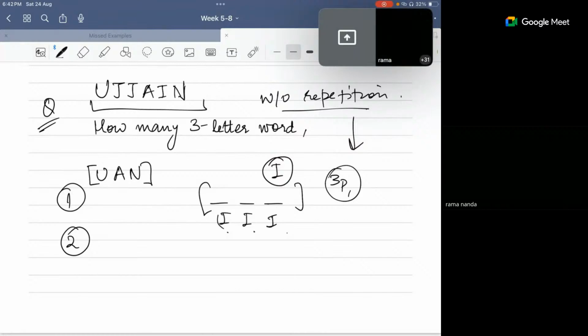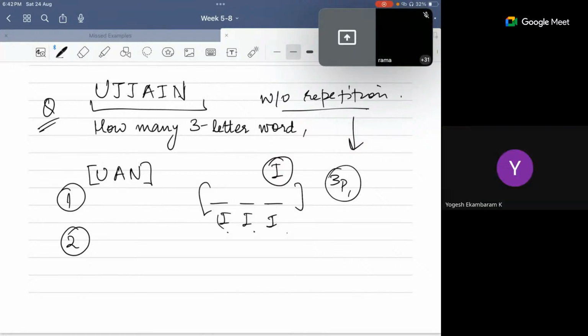Then you are left with three places, and out of these you can place two letters. One place is taken by I, and there are two remaining places.